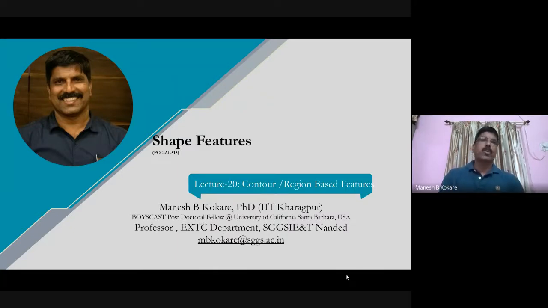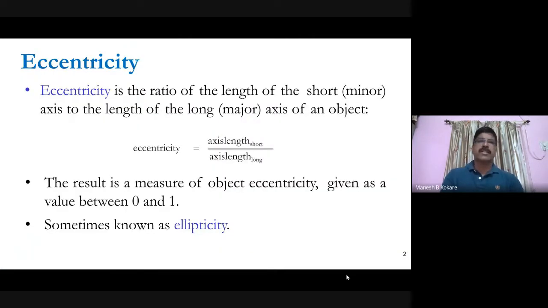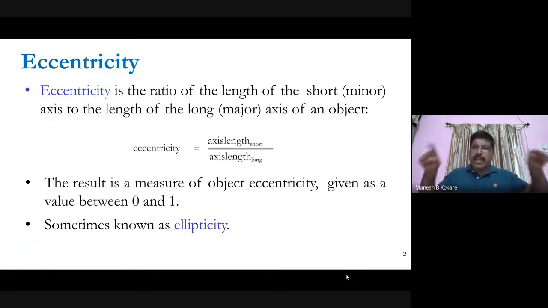So let me start with the simple region-based features, like eccentricity. As I told you, in region-based features the entire region is considered, so the pixels within that region are used to extract the shape feature.